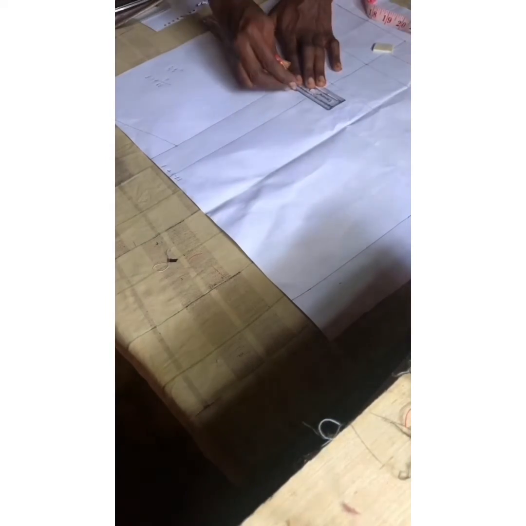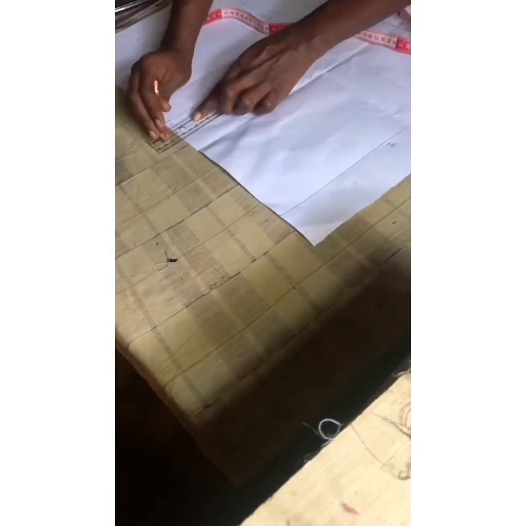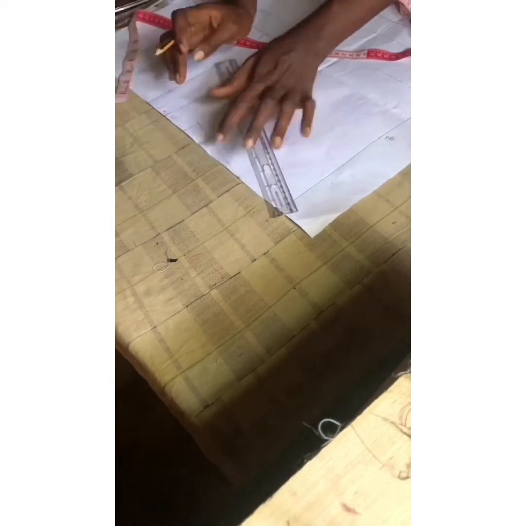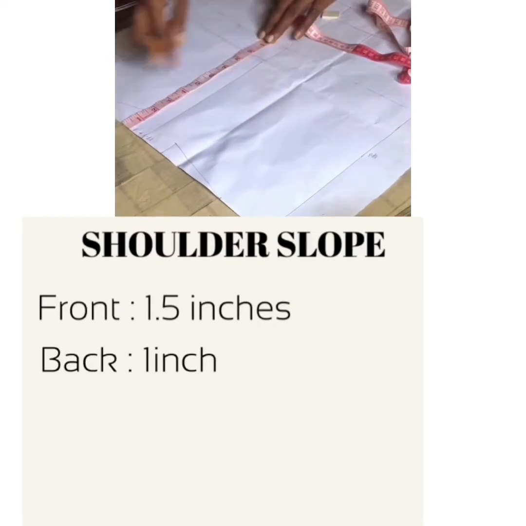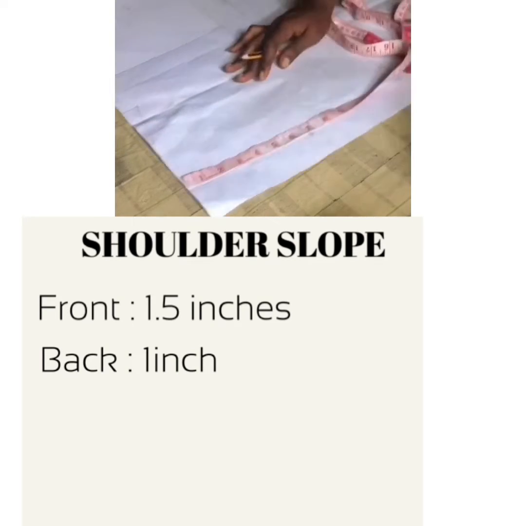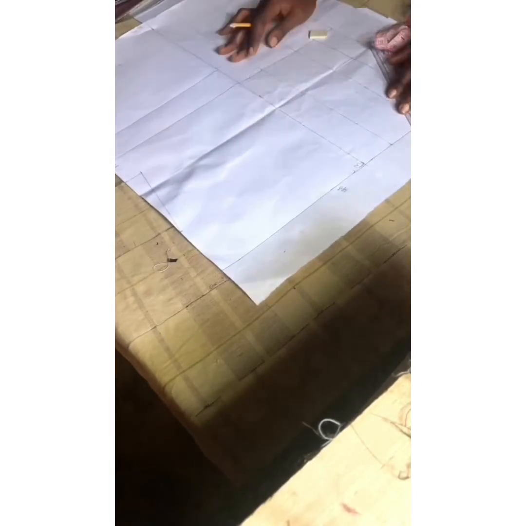For the back measurement, remember your shoulder slope is 1 inch, not 1.5 like the front measurement. You mark out your 7.5 inches for the shoulder, then you come down by 1 inch for the shoulder slope. Remember the neckline is 3 inches, so you extend the lines from the front to the back: the chest line measurement, the shoulder to nipple and shoulder to under bust.